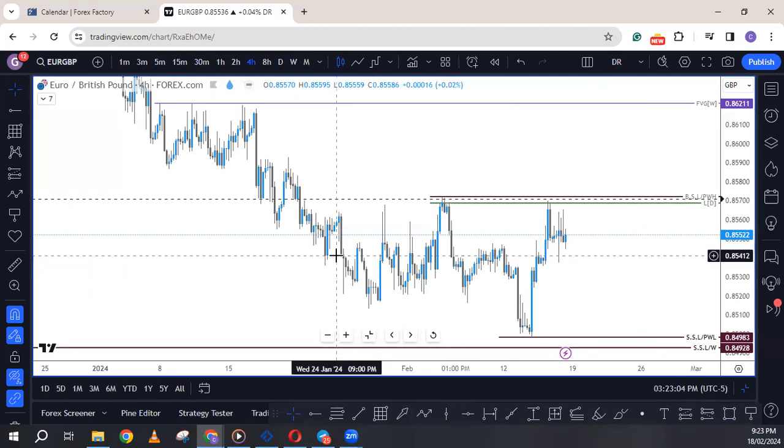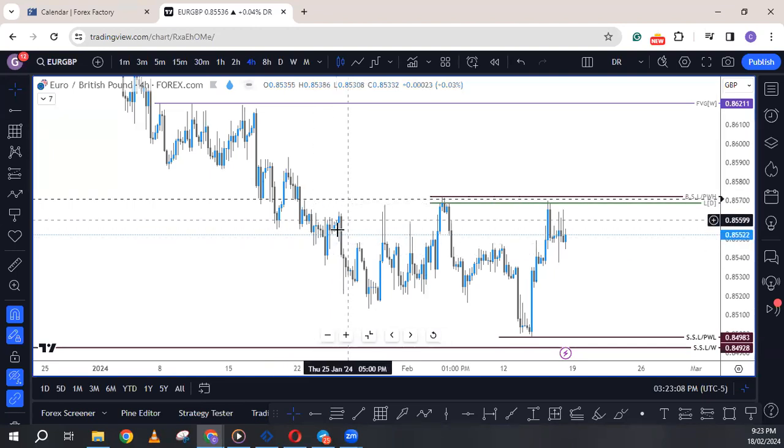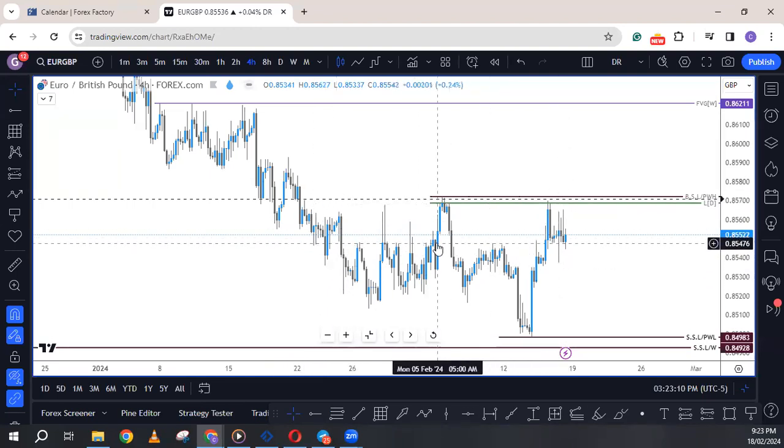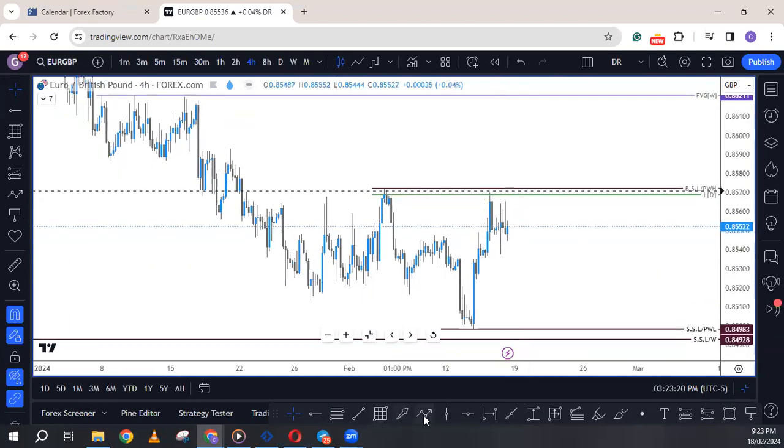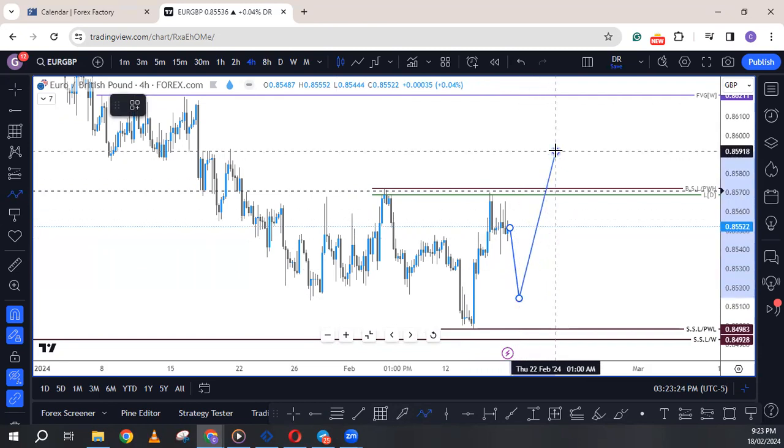To find out euro strength or pound strength, like I always say, look at EURGBP. What is EURGBP telling you? That will determine what you're going to do. Like I said, this pair is bearish, but it seems to be waking up now. So on this pair, you might see a bit of a retracement and a continuation.